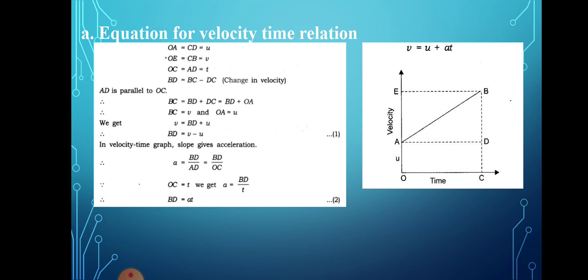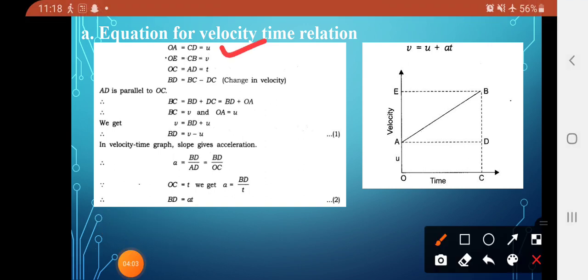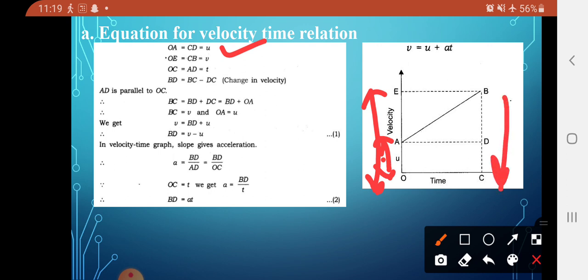First, OA is equal to CD is equal to the initial velocity, the velocity the object has when it starts moving from position A to position B. Then OE is equal to CB, and OC is equal to AD or EB. These three lines are parallel to each other.